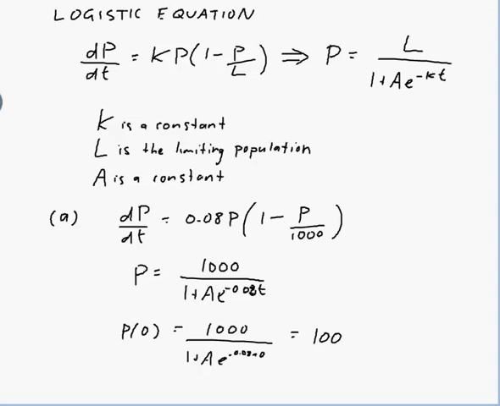Okay, so start a new page. So what did we have? 1,000 over 1 + Ae^0 is equal to 100.